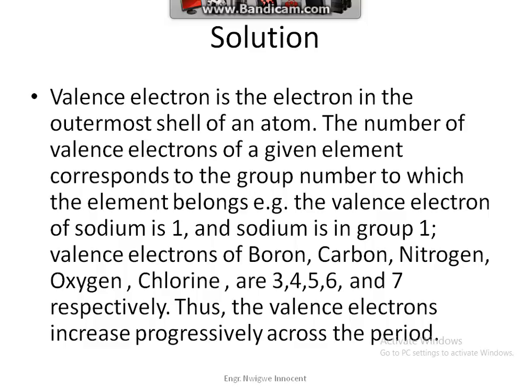Valency electrons of boron, carbon, nitrogen, oxygen, chlorine are 3, 4, 5, 6, and 7 respectively. Thus, the valency electron increases progressively across the period.